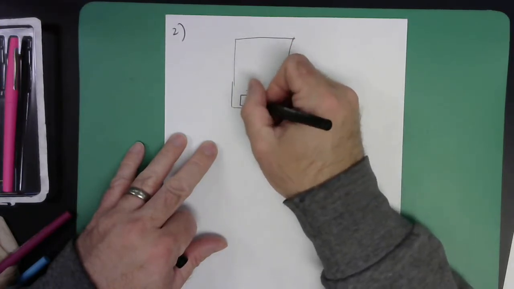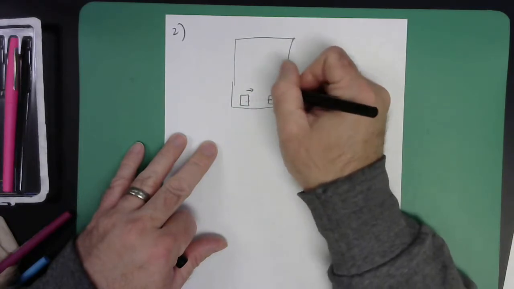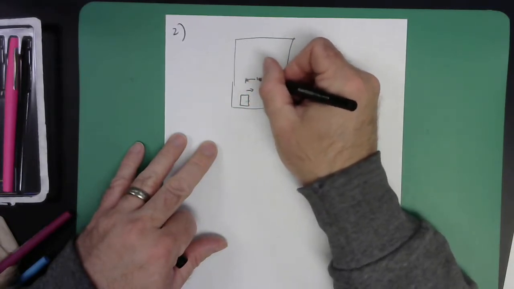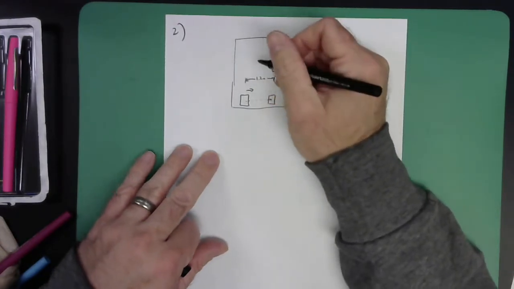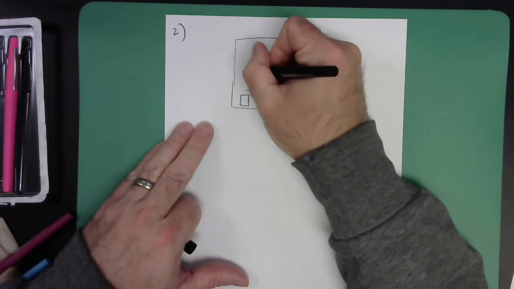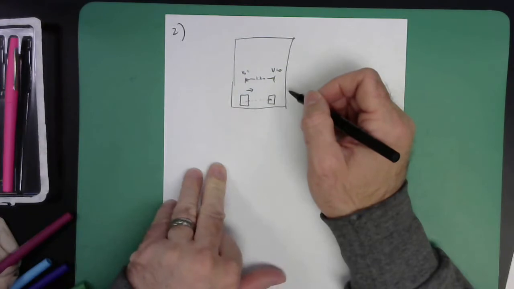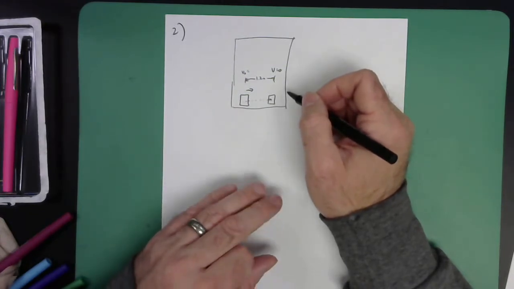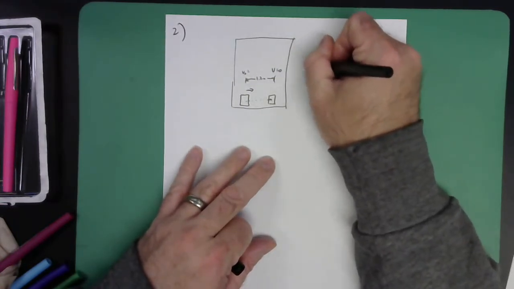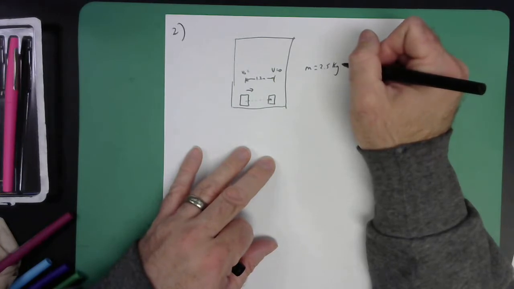Okay, a quick shove, and it comes to rest here, 1.2 meters later. Here the velocity is 0. There's some initial velocity that I'm going to give it, and it's going to slide along and come to rest there 1.2 meters later. We know the mass of the box is 2.5 kilograms. This is going to be exciting.